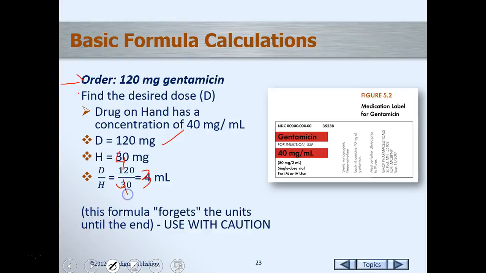I have no idea where that 30 came from. So anyways, doing it properly, 120 divided by 40 is equal to 3 milliliters. This formula just forgets the units until the end. So again, use this one with caution. We want to use units because that helps us make sure that we're not making an error.